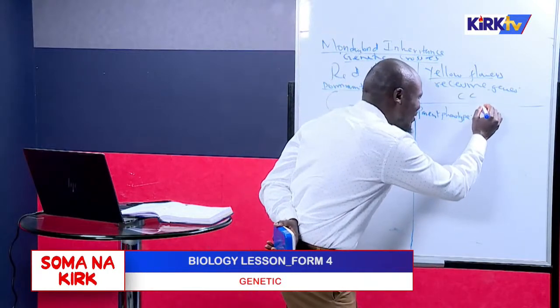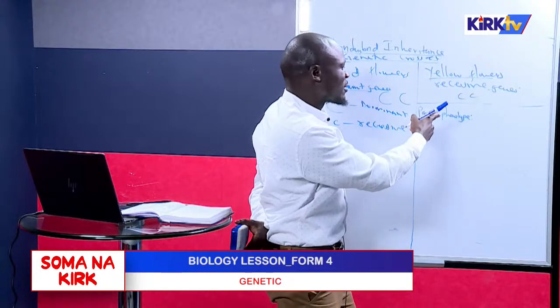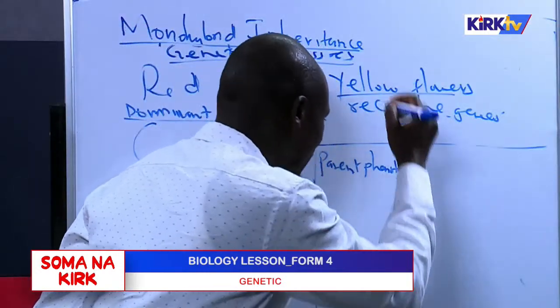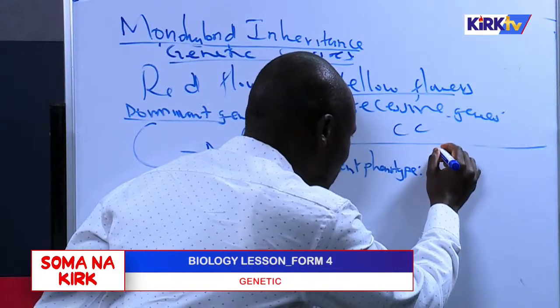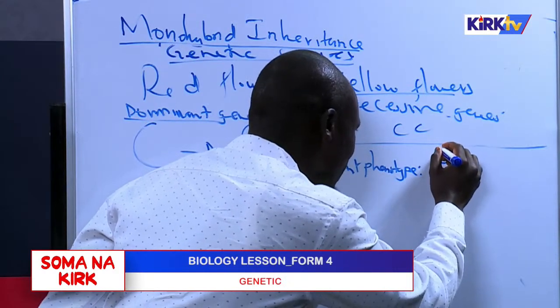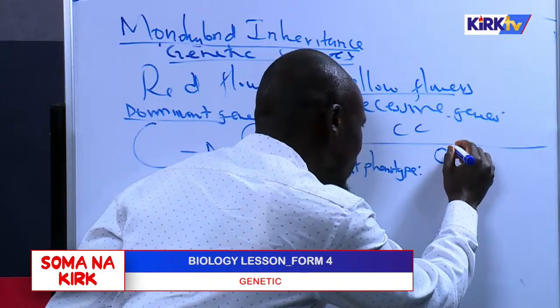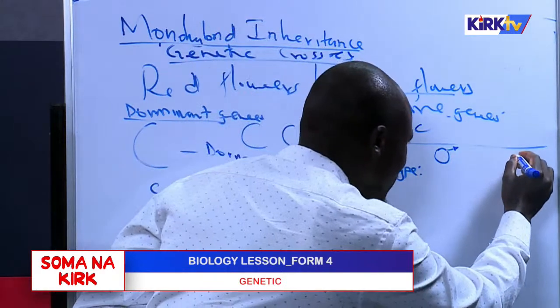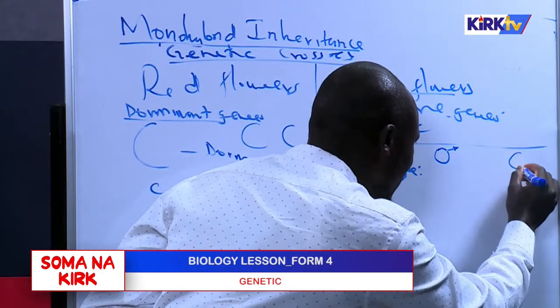So I'll be having my symbol just slightly above the parent phenotype. I'll be starting with the one that is representing the male, then this one representing the female, this side.